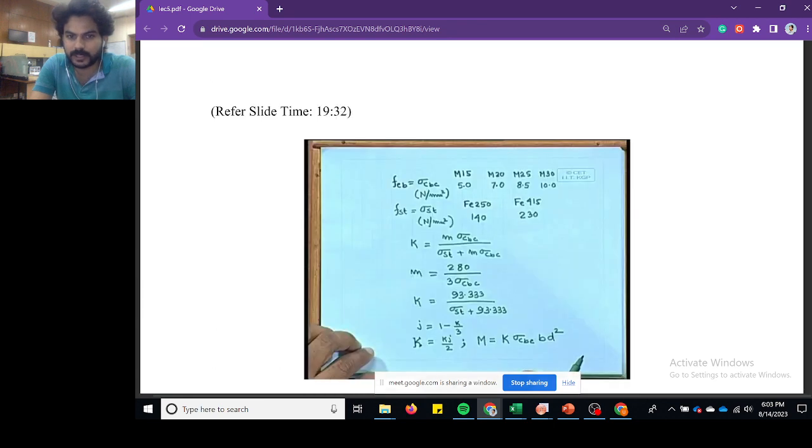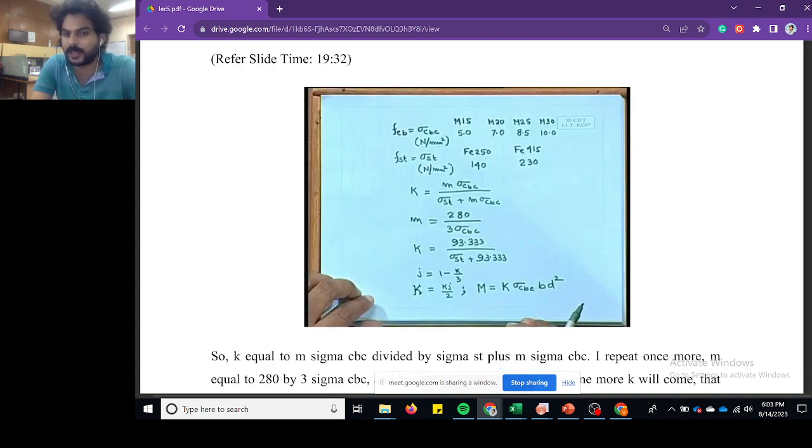Then also we have seen the calculation of M and then K also, and the J again, and then we derived the formula for M, which is the moment of resistance, equal to K sigma CBC BD square, and this K into sigma CBC we sometimes also write as R, so M becomes R BD square.